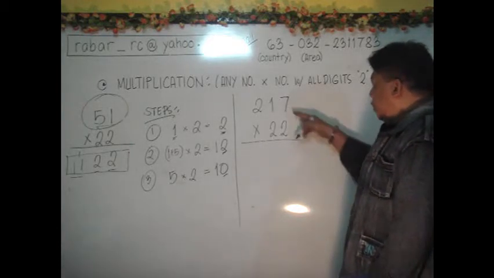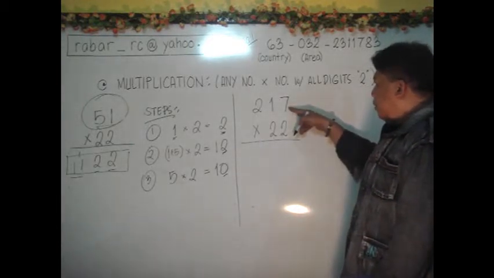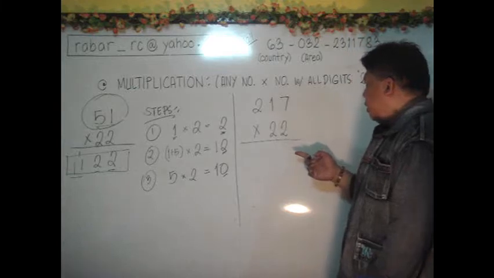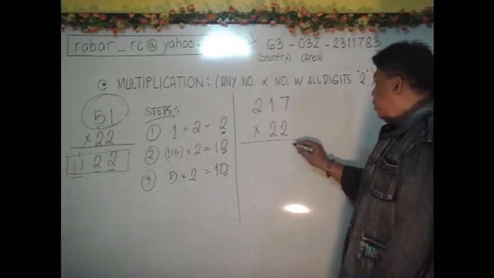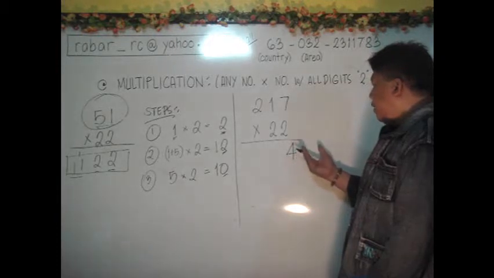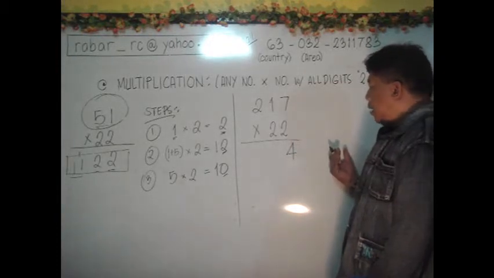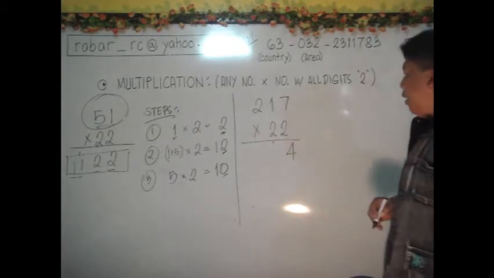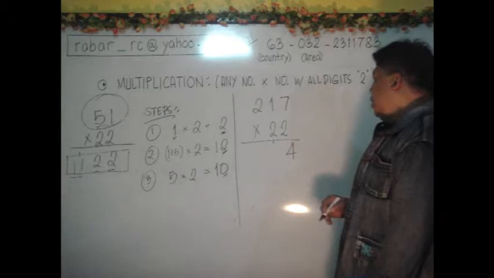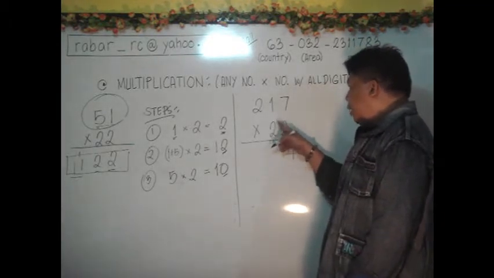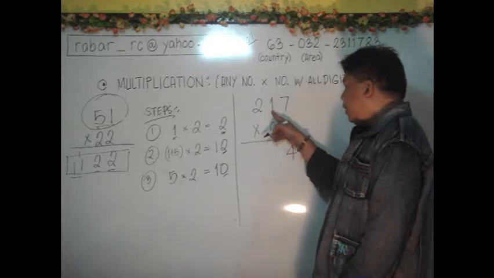First step, you have to consider the last digit. The last digit of our multiplicand is 7. Then double it, times 2. And 7 times 2 is equal to 14. Remember, what I did for 14 is the 4, the last digit, then the 1 is to be carried over. Then the next step is, since we have 2 here, we can still continue to 2 digits addition.